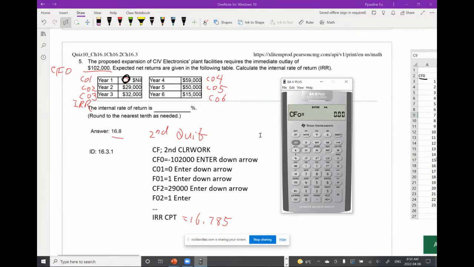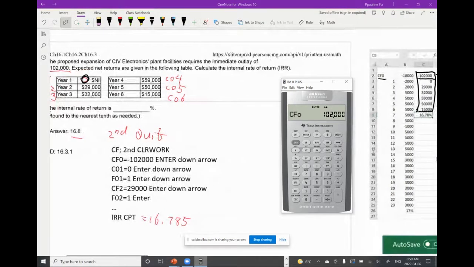And now CF0 is 102,000, and this CF0 is a negative number. Enter. Down arrow key. C01 is 0. Enter. Down arrow key. Frequency for this number is 1.